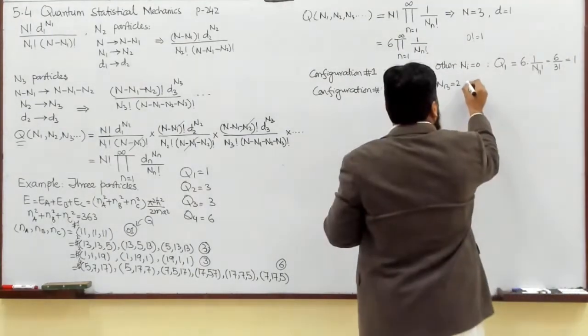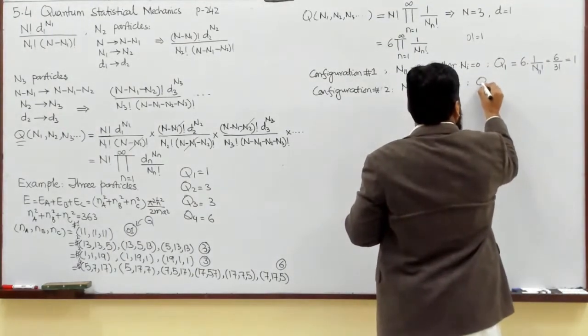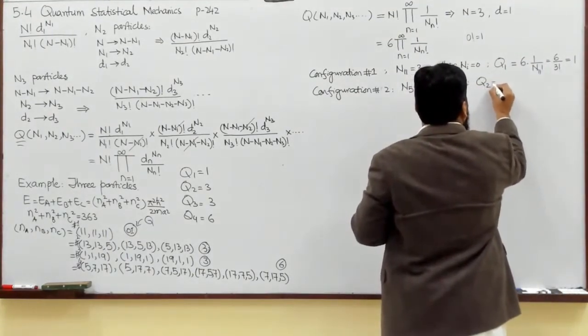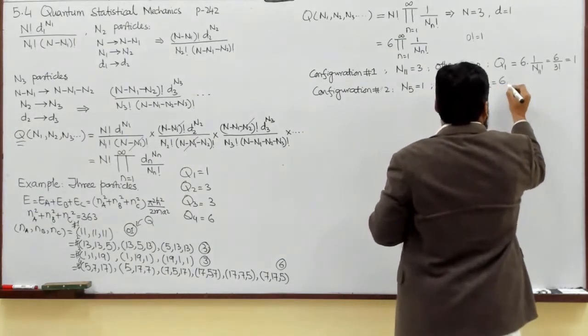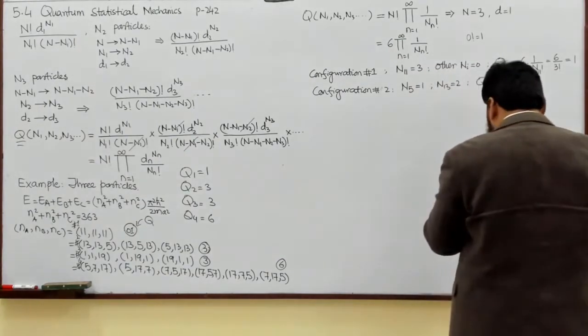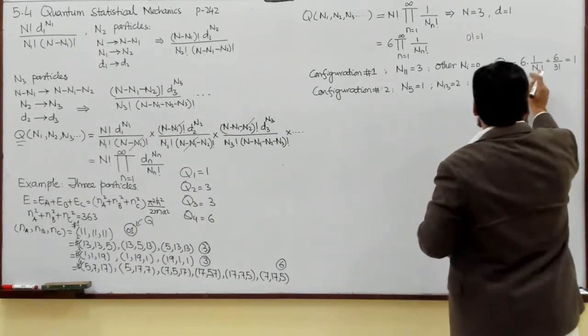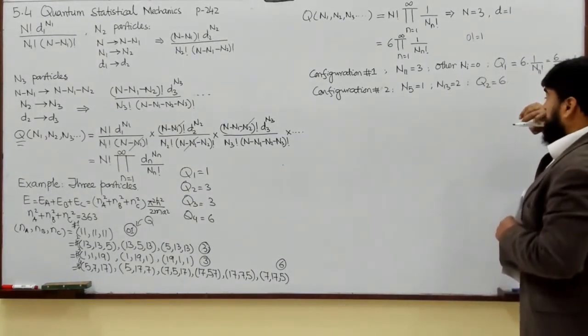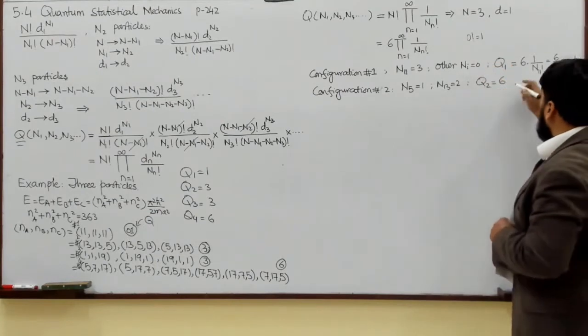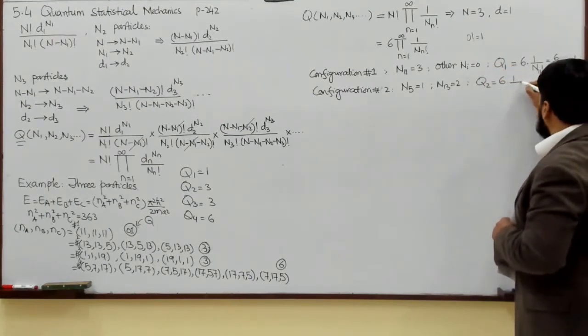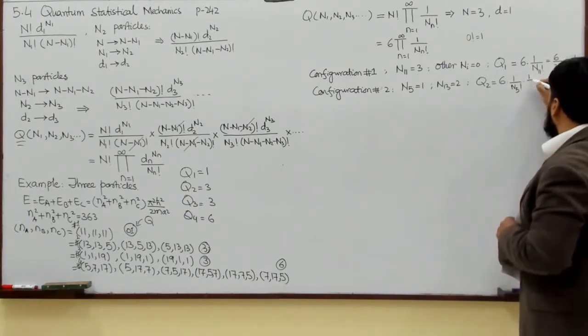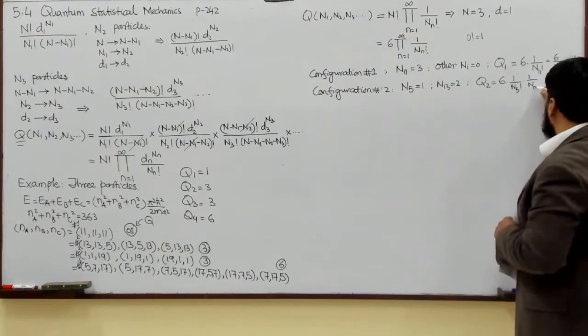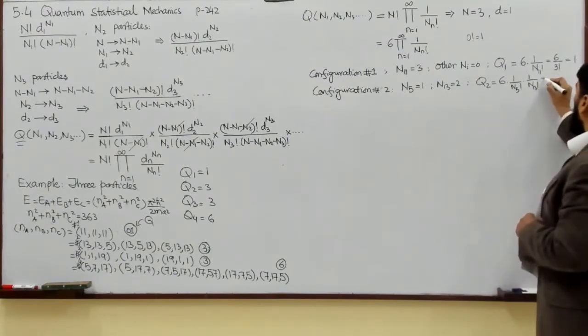And now we will calculate what Q2 is. So 6 multiplied by 1 over... all the rest are 0, so 0 factorial is again 1. We are only left with 1 over n5 factorial and 1 over n13 factorial.